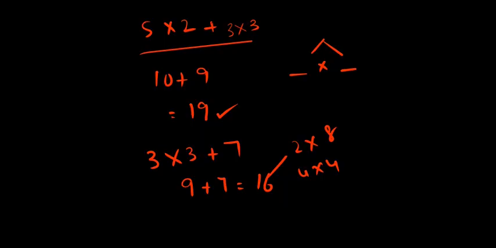Next page. Next topic is numbers ending with some digit. They will give something like this: check whether 6 power n ends with 0.